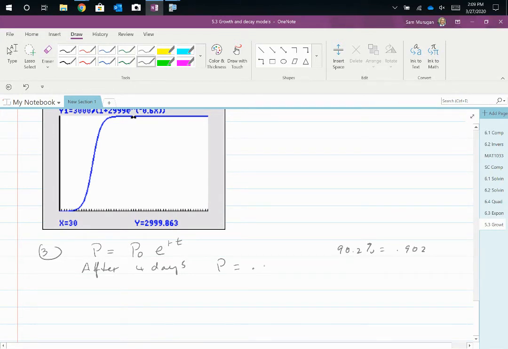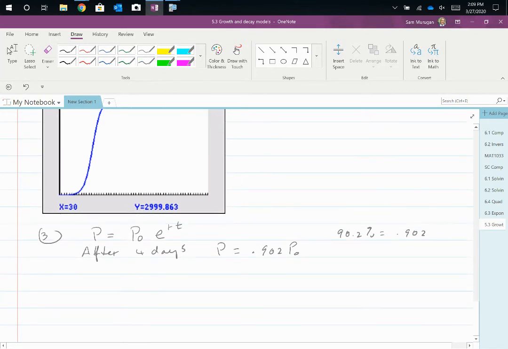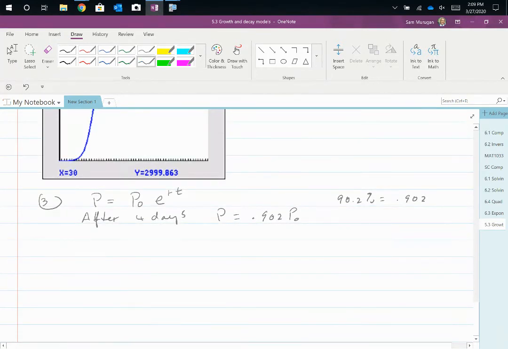So this is equal to 90.2% of the original amount. So we're going to go back to our model now and substitute: 0.902 P0 equals P0 e to the power 4 times r. Remember, t is equal to 4 days.